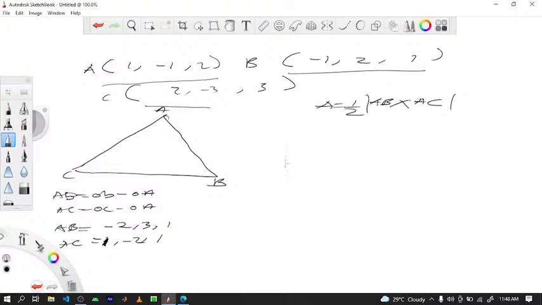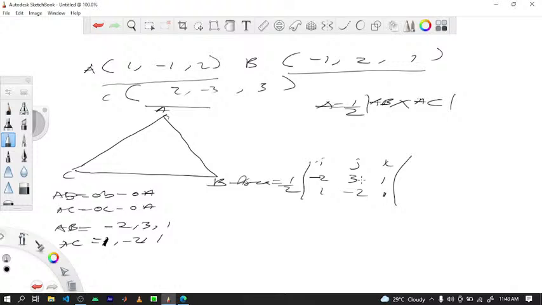So the area is half the magnitude of the cross product. You have i, j, and then k, right? So minus 2, 3, 1, and then 1, minus 2, 1. You can interchange it and do maybe AC cross AB. The cross product on its own will be negative, but the magnitude will be the same thing, right?